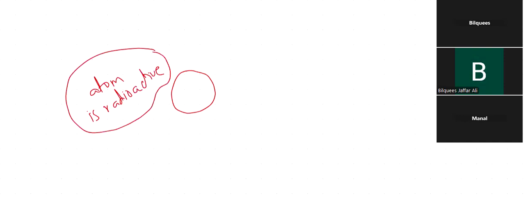Neutrons are more, due to which radioactive emission happens in the form of alpha, beta, and gamma, right?